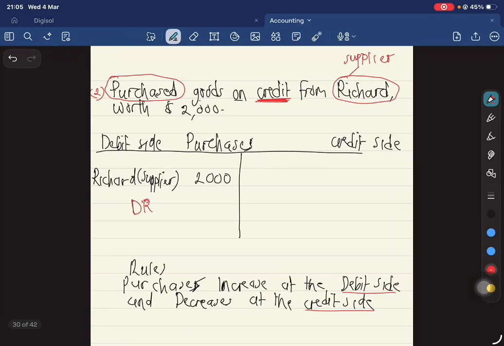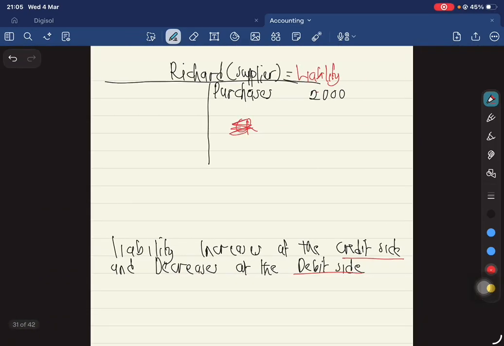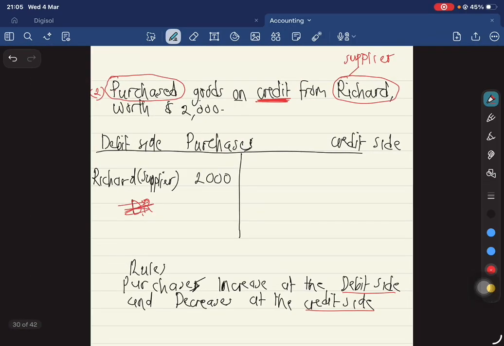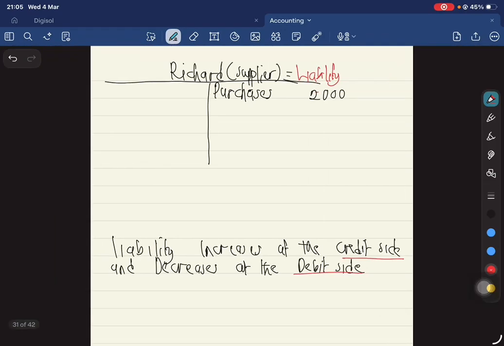So if you debit one, you credit the other one. So I think this is all for today. Tomorrow we will continue with more examples.